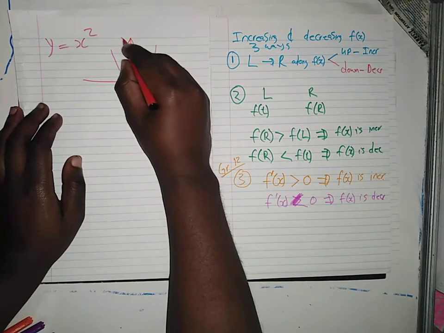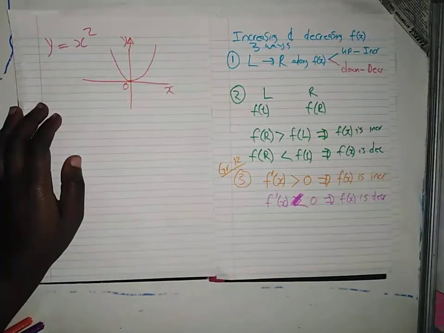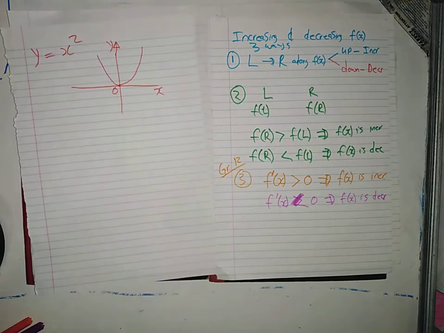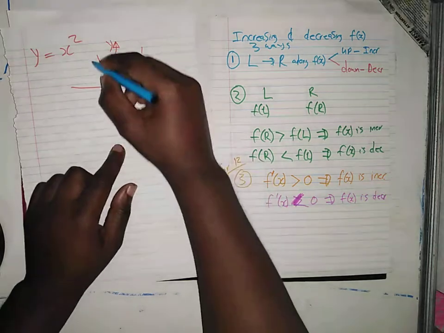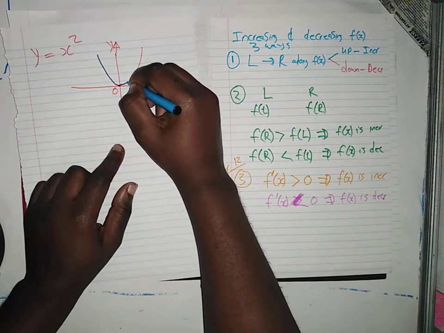This is y, this is x, and there is a point 0 here. This is y equals x squared. The question is whether this graph is decreasing or increasing. There's something I forgot to do, that I always do, which is to use a different color for the graph so that I can separate it from the rest.